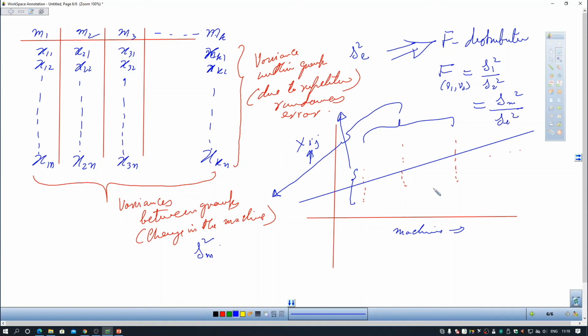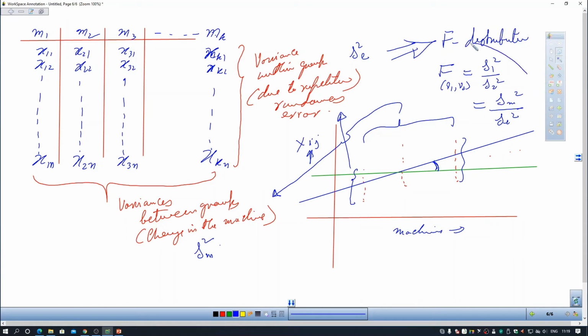So if we draw an average line over here, then this change of slope is because of the change in machine, but this difference which is here is because of the randomness. So we have to compare which variation is significantly different than the other, or both variances are not significantly different on the other.